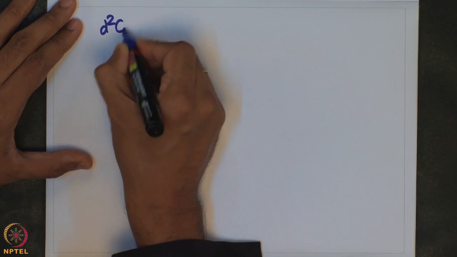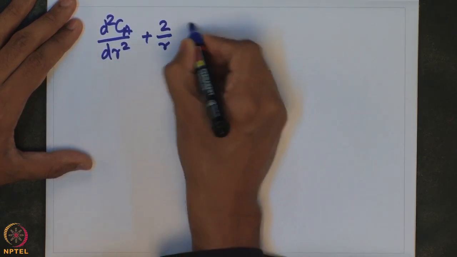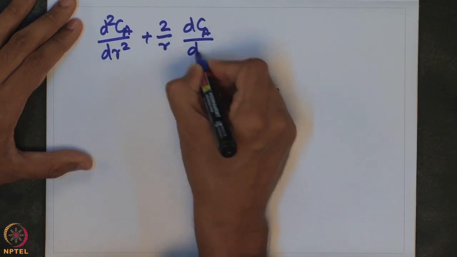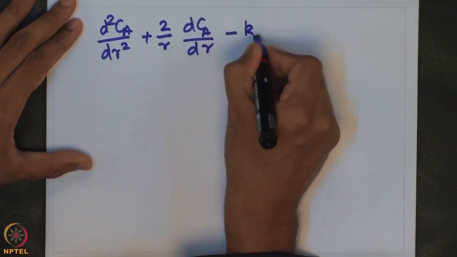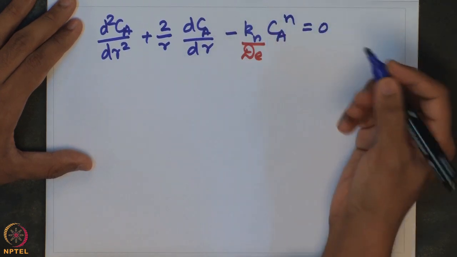So, what is the model equation? The model equation is d square Ca by dr square plus 2 by r dCA by dr minus Kn Ca to the power of n divided by dE equal to 0.